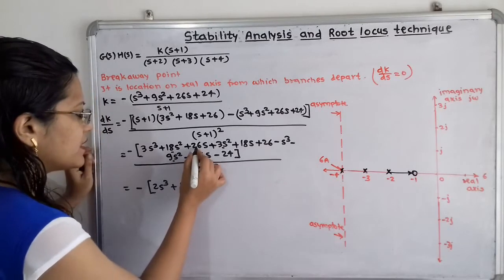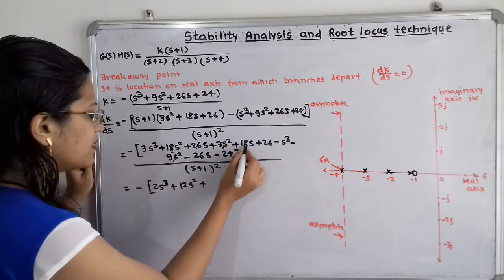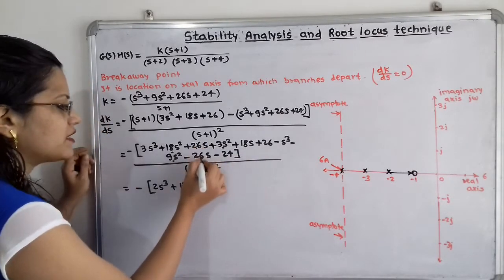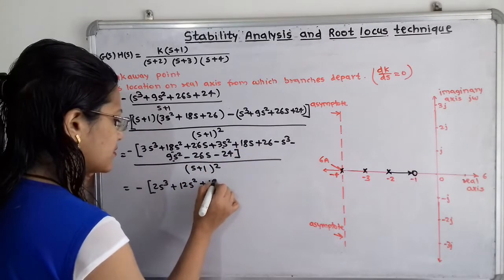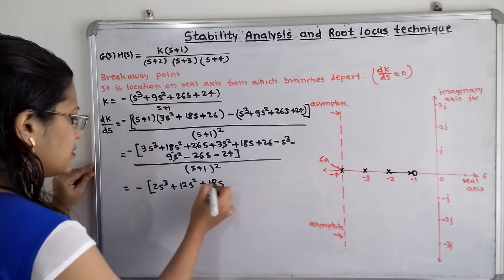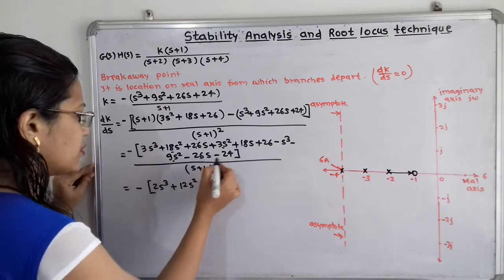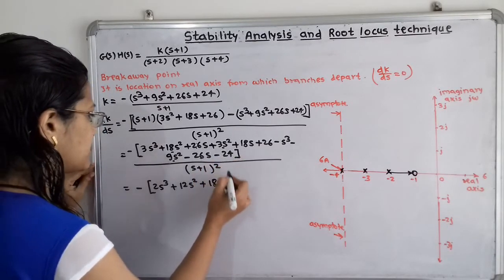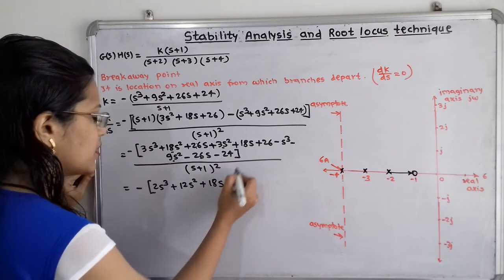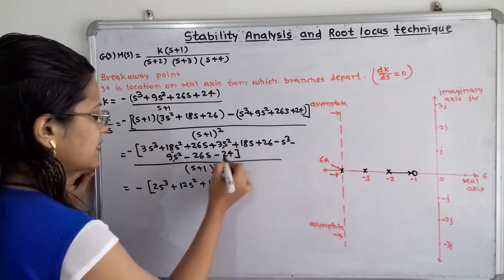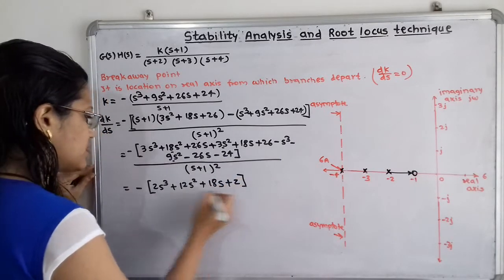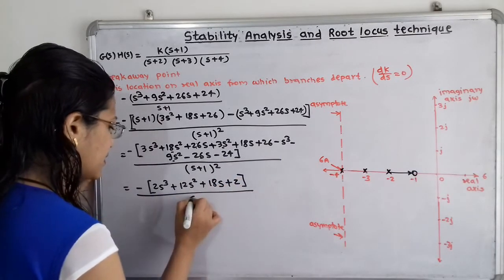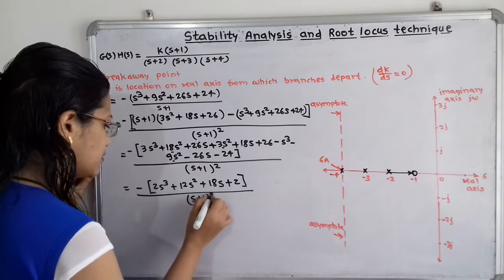Plus 26 plus 18 minus 26, so this 26 is getting cancelled, plus 18s. Then we have to take this constant term, that is minus 24. So here plus 26 and minus 24, that is plus 2. So this is the simplified form, divided by s plus 1 bracket square.